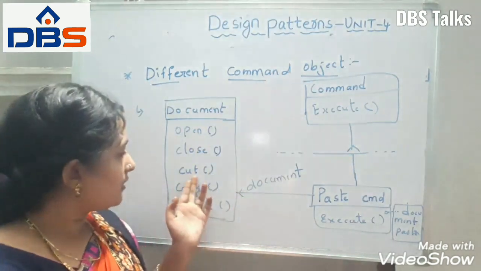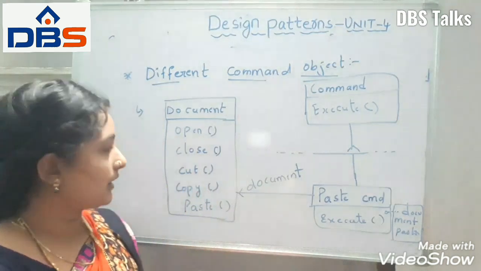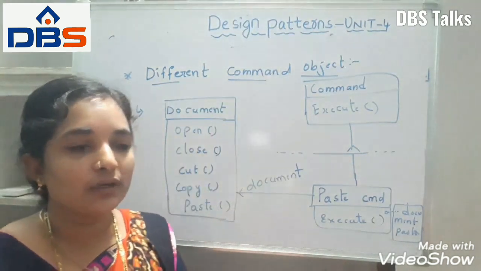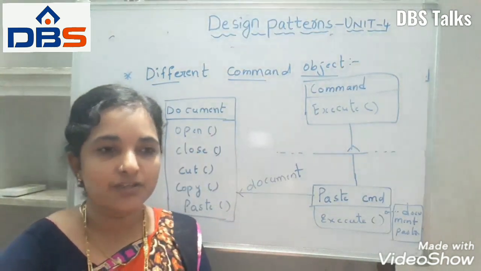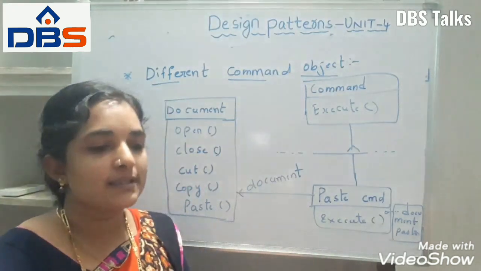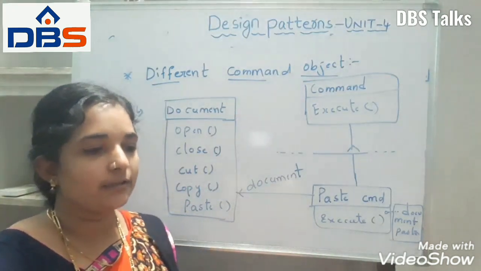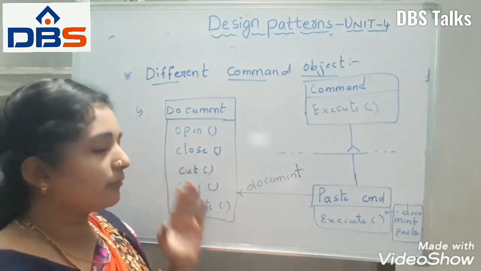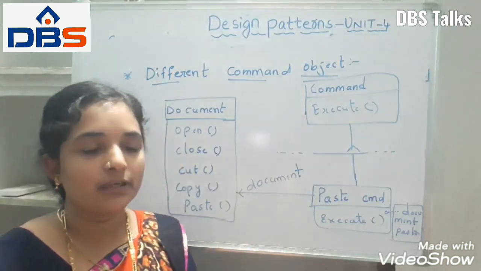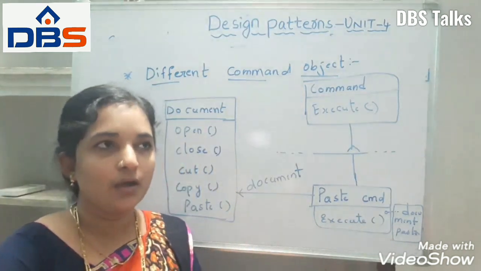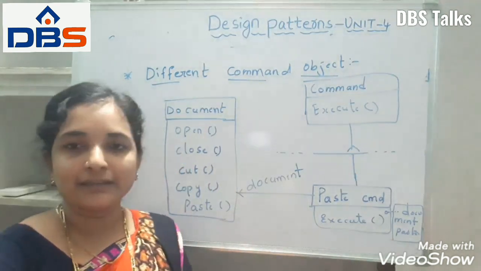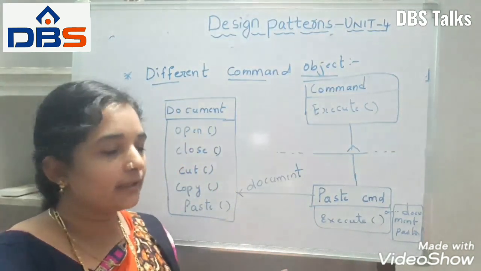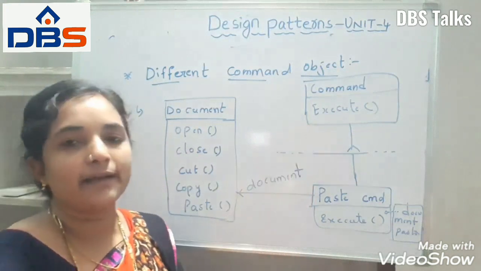Next, coming to the cut command. If we want to cut data or any information from the document, the request is given to the document method, and the document method performs some operations in order to cut the data, executed by the command method.